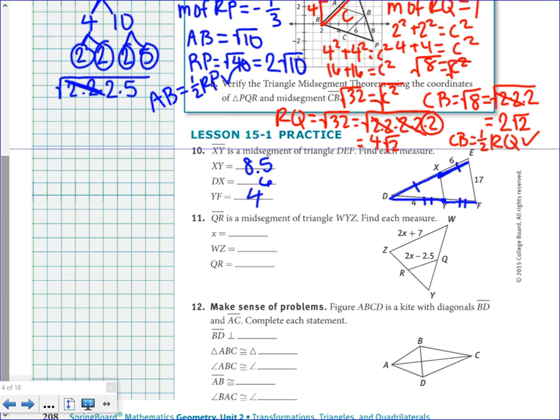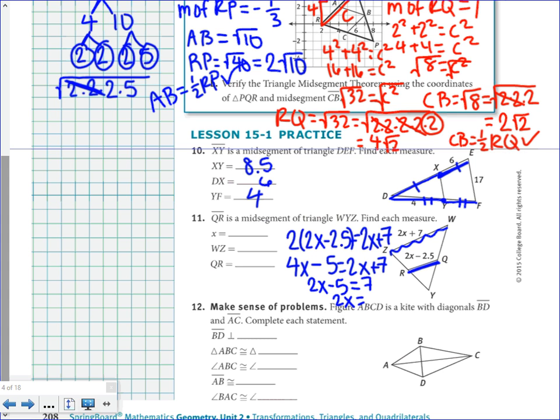Looking at the next one, if QR is a mid-segment of the triangle, this is half of this one. So I can say 2 times 2x minus 2.5 equals 2x plus 7. And so I can distribute to make 4x minus 5 equals 2x plus 7. And then if I solve this for x, I end up getting that x equals 6.